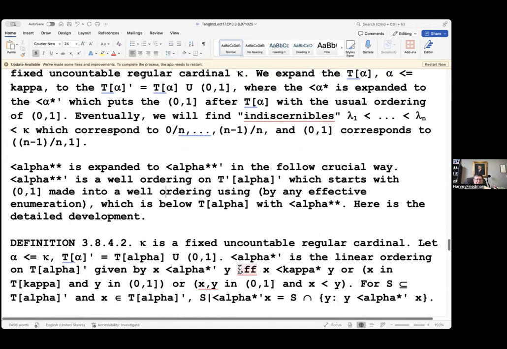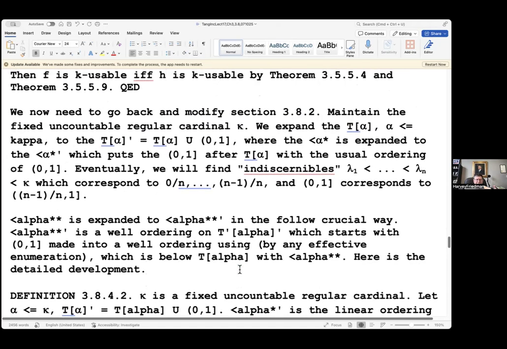Let me just say it this way. We change the spaces T alpha to T alpha prime by tacking on just an interval. It's not important that it be 0, 1, by just tacking on something on the top that has no left endpoint and a right endpoint.